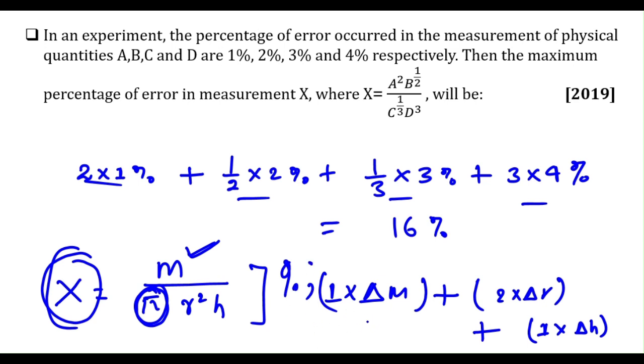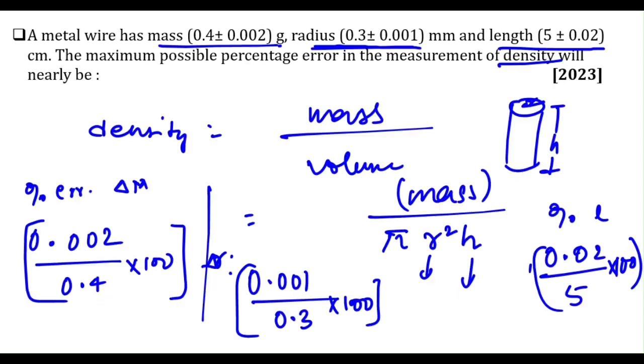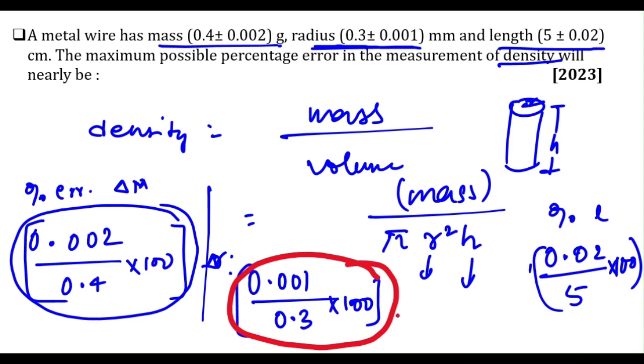Okay, in this way, going back to the final slide, we have to calculate this thing as percentage error in mass, this thing as percentage error in radius, then multiply it with 2, then add all three things to get the final measurement.